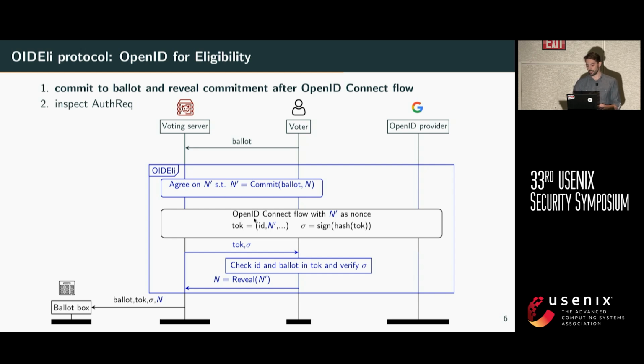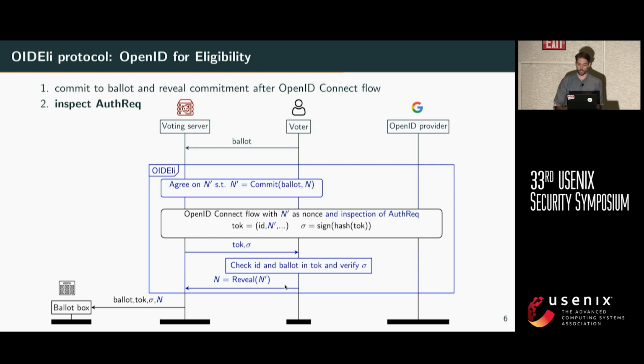Then we're going to let the voter reveal this commitment only once it has checked that the token indeed is valid for its ballot and ID. Second, we're going to let the voter inspect the OAuth request on its way from the voting server to the OpenID provider to make sure that the nonce prime is indeed valid for its ballot.